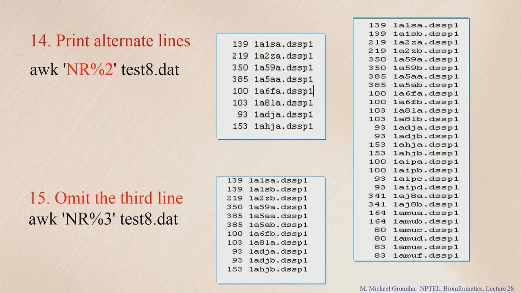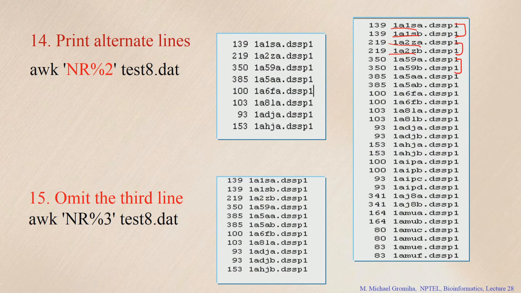In this case you can also do a lot of other manipulations. For example, you can print alternate lines. If you see this input file, you can see the same for 1A1S, 1A1S, 1A2Z, 1A2Z. So these two are the same, only the difference is A and B. I want to see the unique ones. In this case I would like to delete the alternate lines, because that input is necessary for another program.